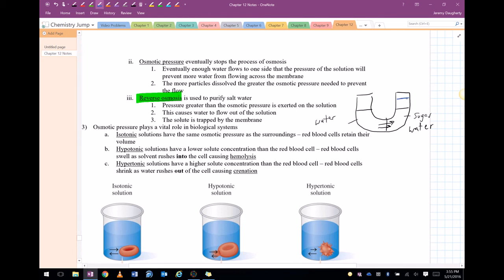I'm going to have a higher water level over here and a lower water level over there. Now, if I apply pressure on this, and I force it to go back down this way, opposite of osmosis, that's what's called reverse osmosis, and I have had to apply osmotic pressure on there. Okay, so at least osmotic pressure, because the osmotic pressure is the amount of pressure that this layer exerts.